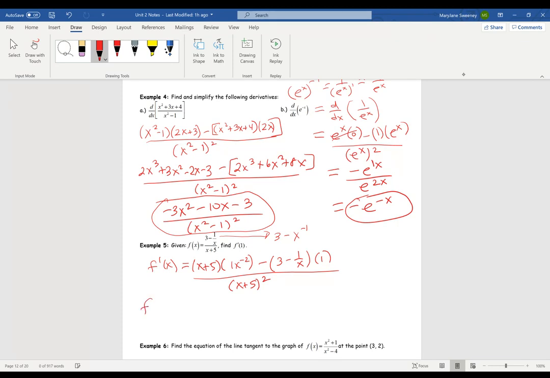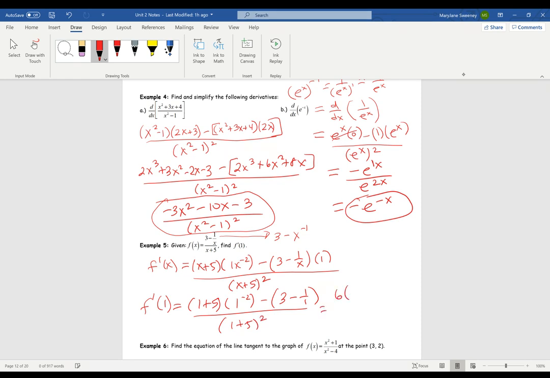Now, I wouldn't even bother cleaning this up. I would just plug in 1.